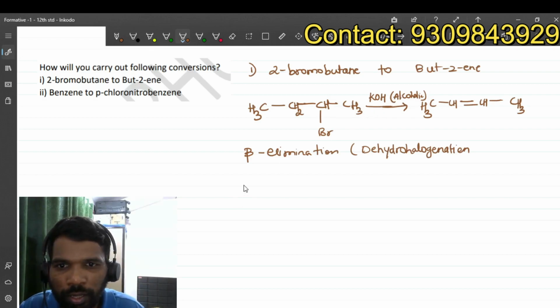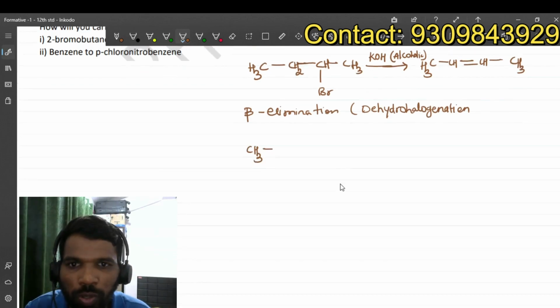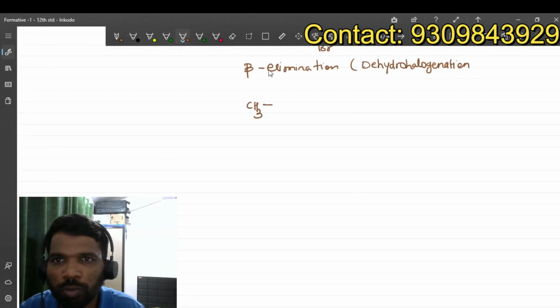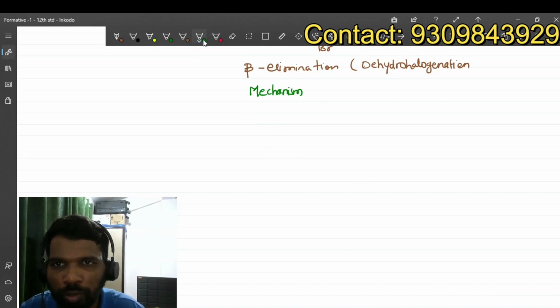So here the thing what is going to happen is that mechanism part. Let's understand the mechanism also. So I'll write a mechanism over here. It's known as beta elimination.